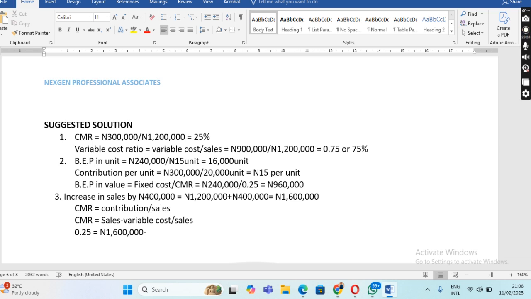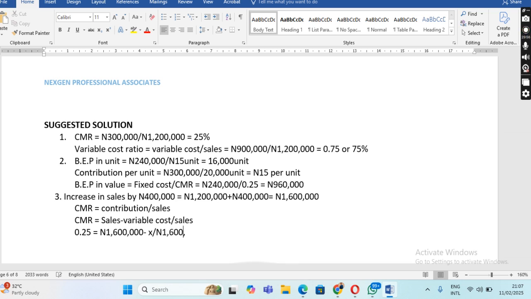Now, what will be your variable cost when the sales increases to 1.6 million? Don't forget that the variable cost already was 900,000. There are two ways you can do it. You can make the variable cost the subject of the formula, say X, divided by your sales.